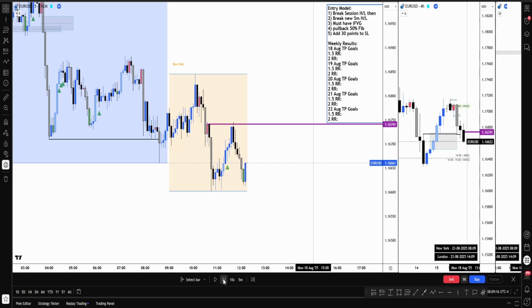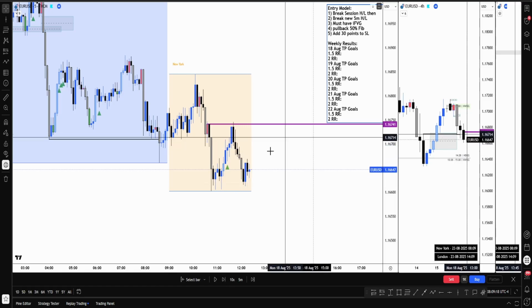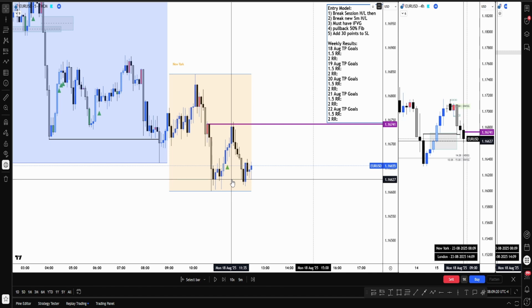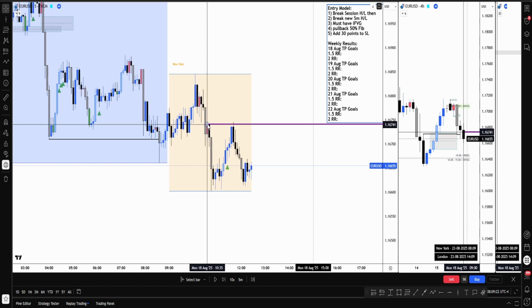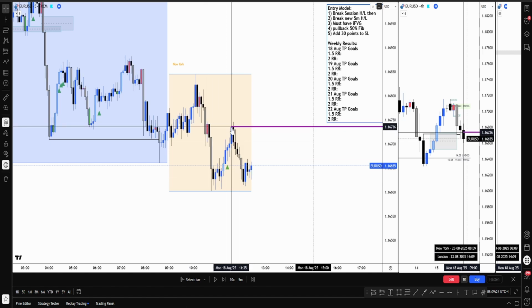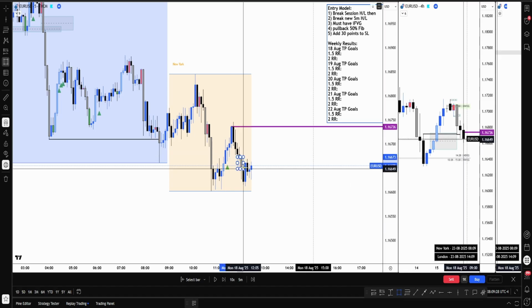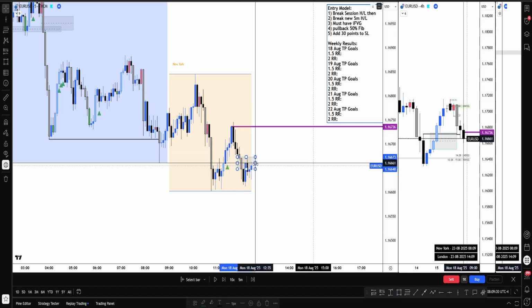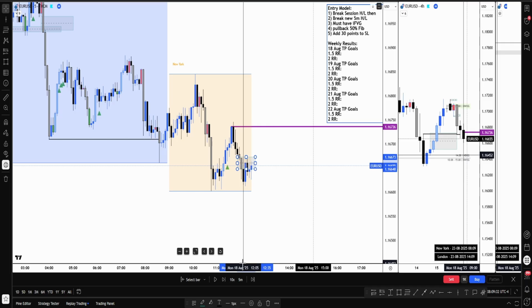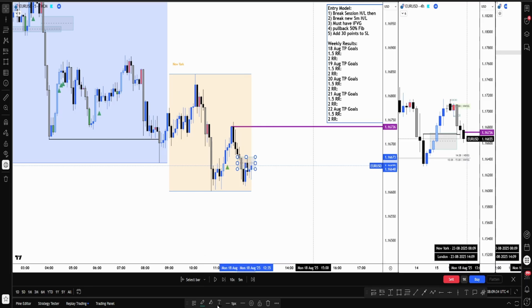We did not close above that purple line. We actually close below this right there. So that's our new focus point right there. All right, so we move forward.